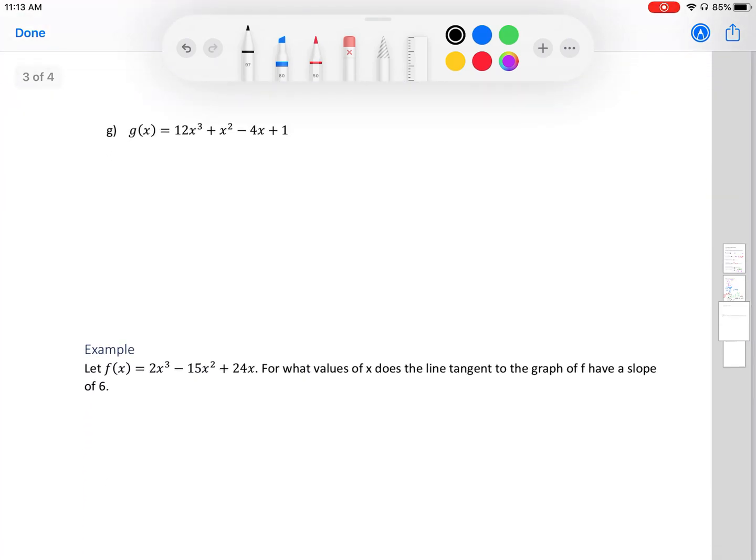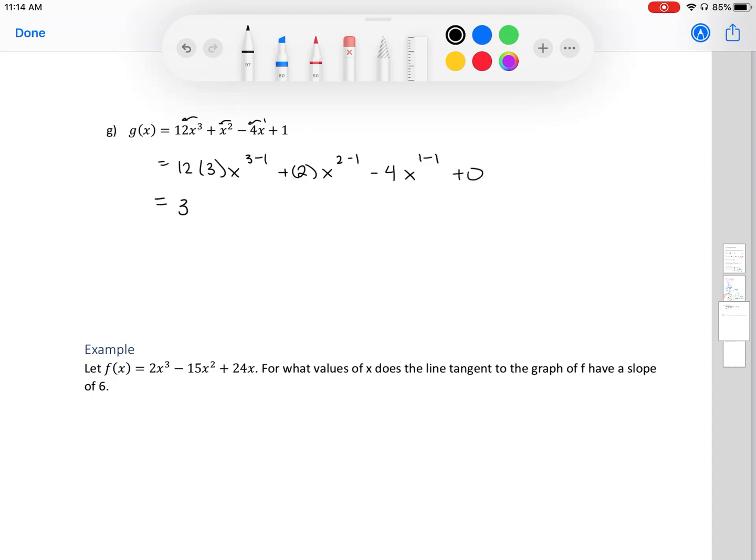G. G of x equals 12x cubed plus x squared minus 4x plus 1, and we wish to find the derivative. So let's go ahead and take the derivative of each term. So that we have 12 times 3 times x to the 3 minus 1 plus 2 times x raised to the 2 minus 1 minus 4 times x raised to the 1 minus 1 plus 0.